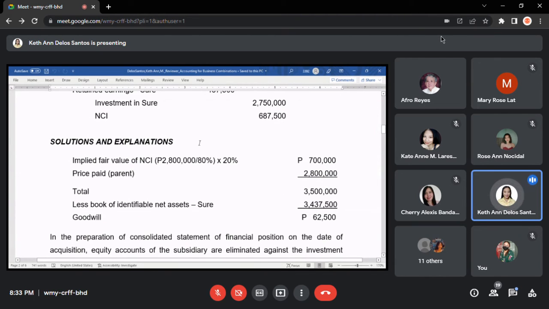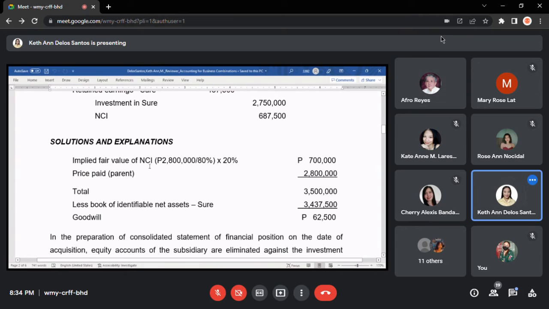Implied fair value of non-controlling interest is equals to 2,800,000 pesos divided by 80%, which is yung rate na ina-acquire ni Petty Corporation, times 20%, which is the non-controlling interest, is equals to 700,000 pesos.